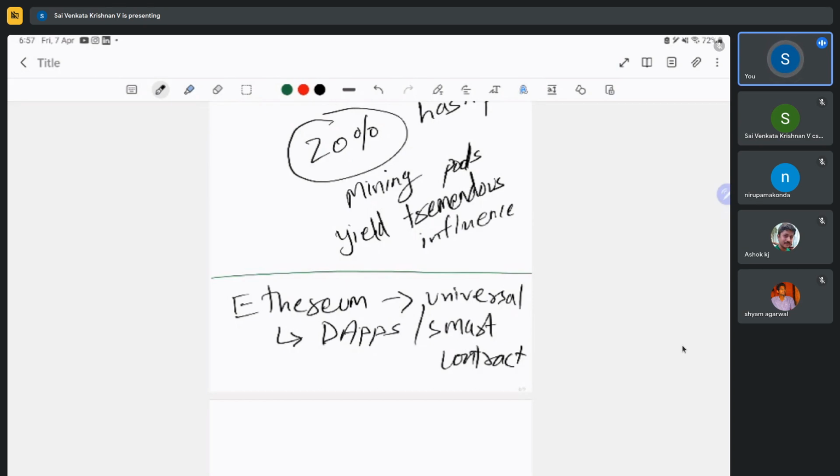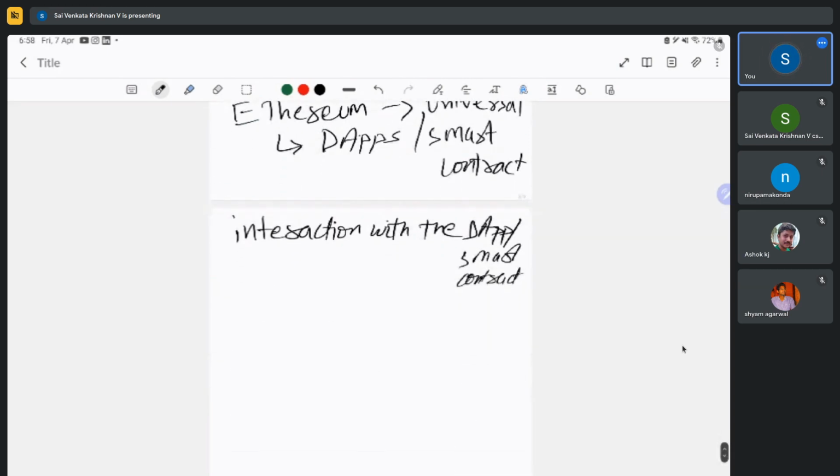So when you have to implement a decentralized application, say instead of a centralized social media platform you want a decentralized social media, then every interaction with the DApp, with the decentralized application, every smart contract call, is in the form of a transaction.